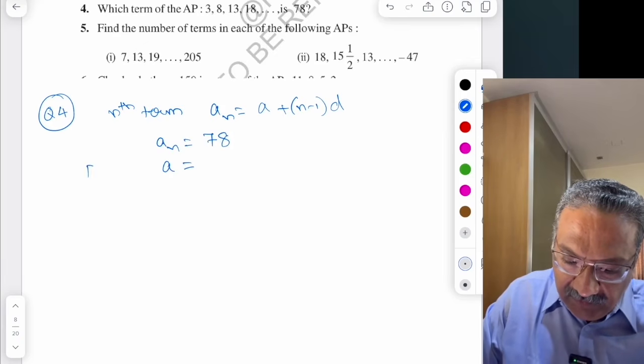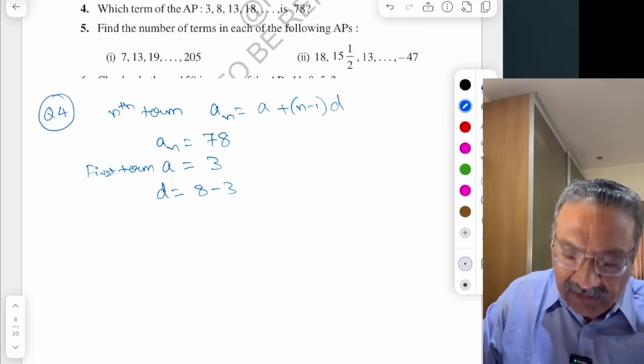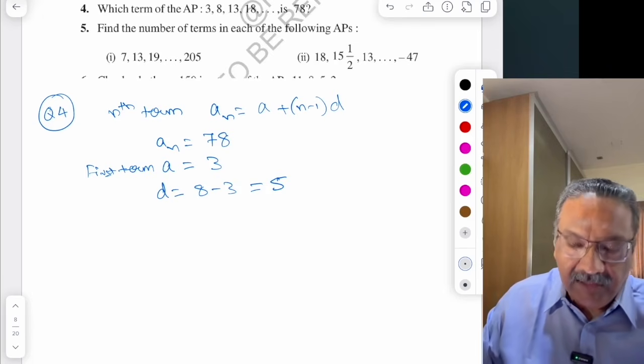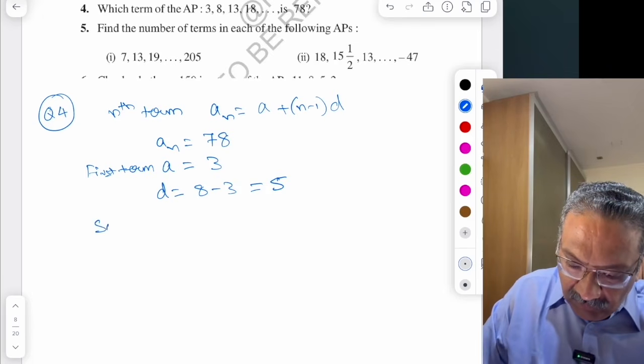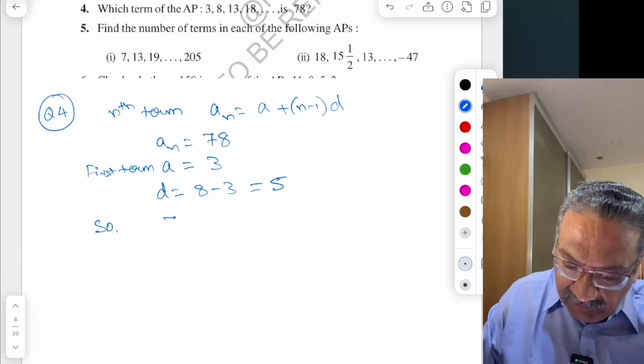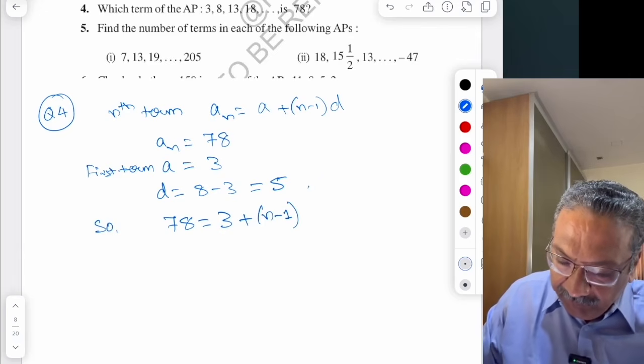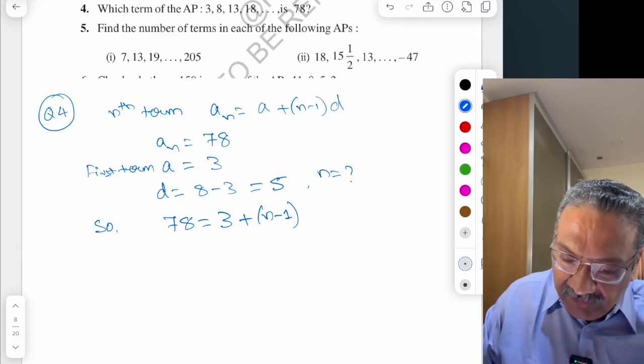The first term a is equal to 3. What is the common difference? D is equal to second term minus the first term, which happens to be 5. Substituting these in the equation we get 78 is equal to a is 3 plus we don't know n, we have to find n. They are asking n equals to which term, and common difference d is 5.